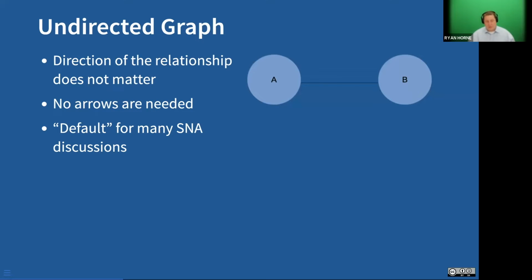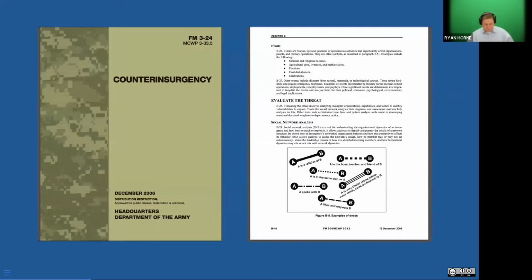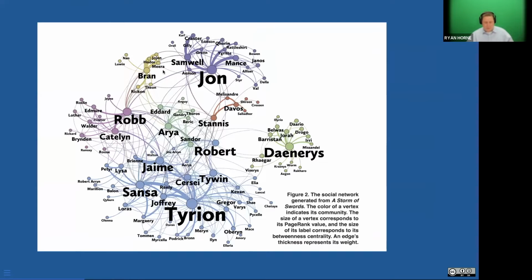You just have a line that connects the two things. And this is really default for a lot of social network analysis. Let's go back to our Game of Thrones example. If we have a connection here, we're not saying that, John and Samuel, that there's any directionality of that relationship. It's just that they are mentioned on the same page. Directionality doesn't make any sense in that case.